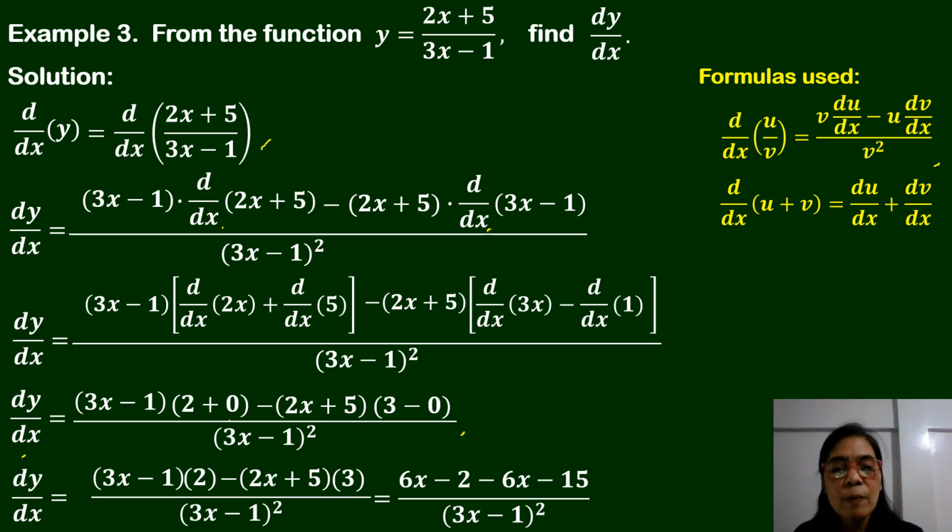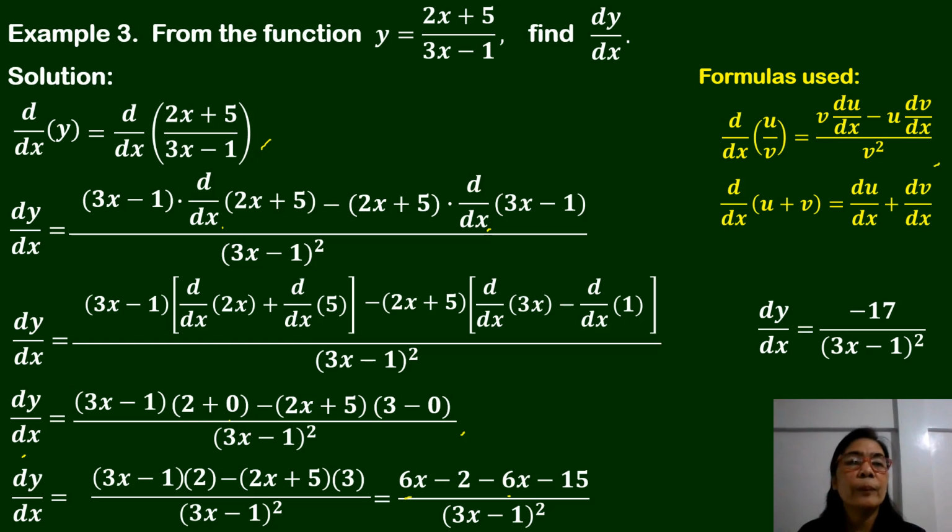This is minus 5 times 3 is minus 15. Combining similar terms, 6x and this minus 6x cancel out. So what is left is the derivative of y with respect to x is equal to negative 17 all over the square of 3x minus 1.